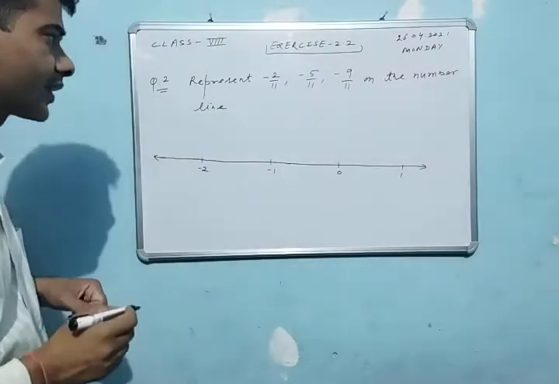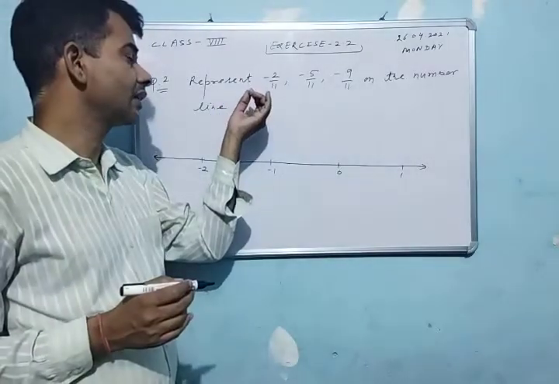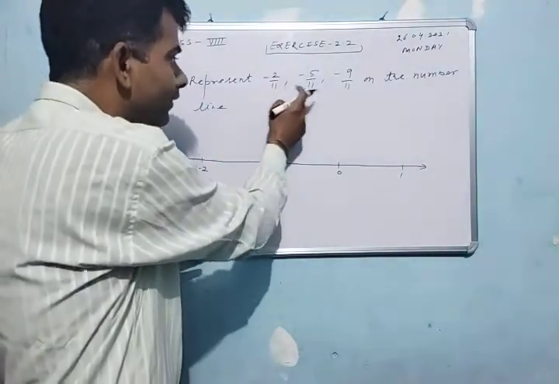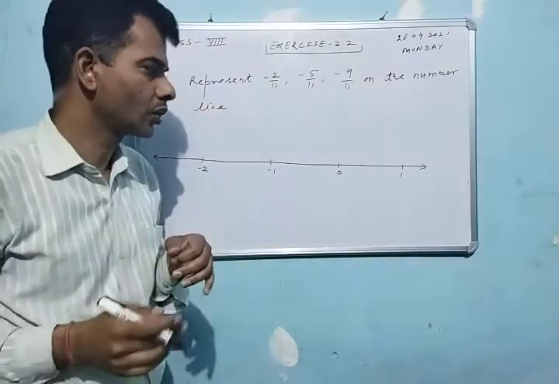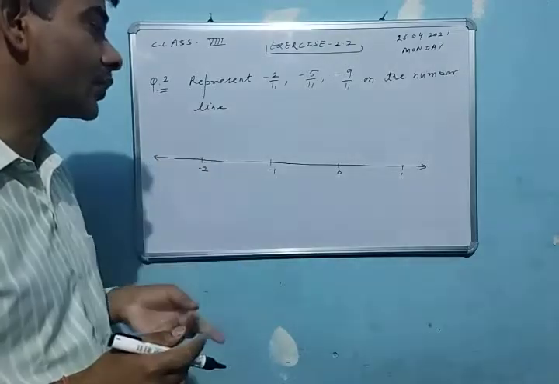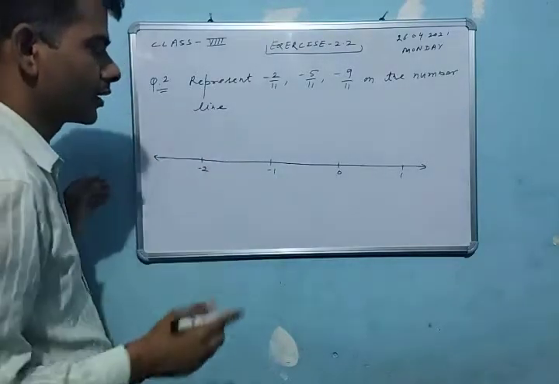Now students, what is in the denominator? In the denominator that is 11. So we will divide 0 to minus 1 into 11 equal parts.